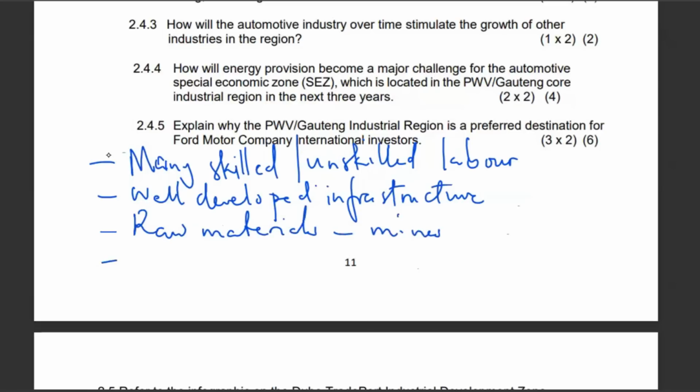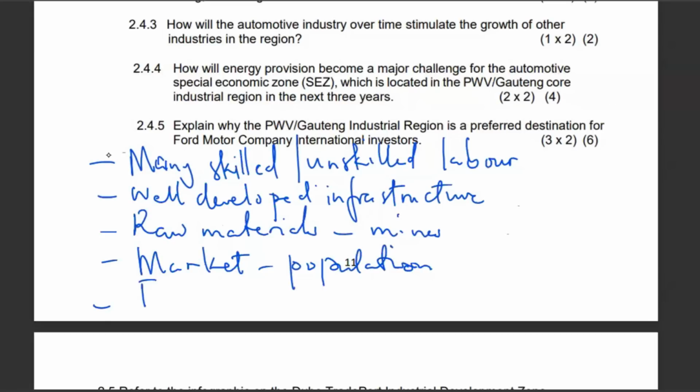The resources that are needed to work in the automotive industries, the raw materials to support the industries, are readily available. And also the market, there's a big market because of the population size. Remember, Gauteng is highly populated, and for that reason, they can easily sell their products because we have a wide variety of potential clients for the purchase of the product.